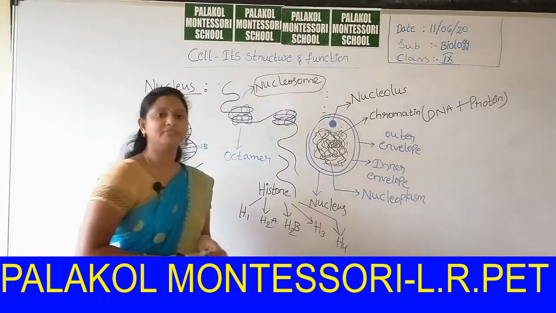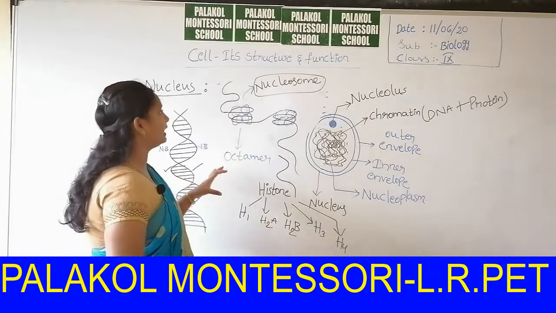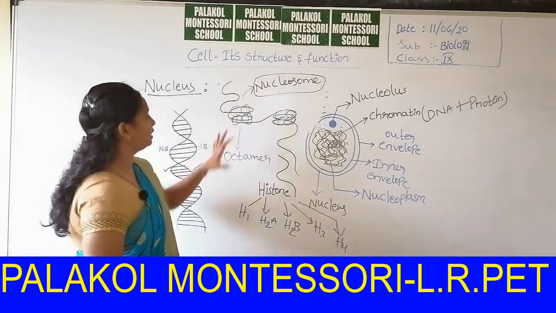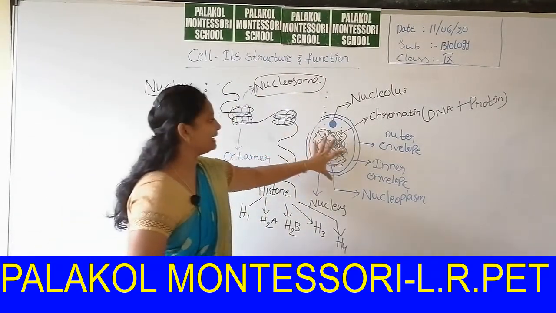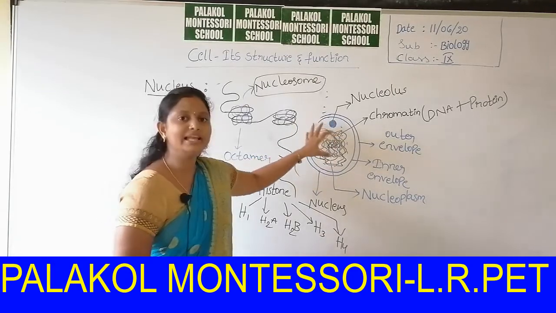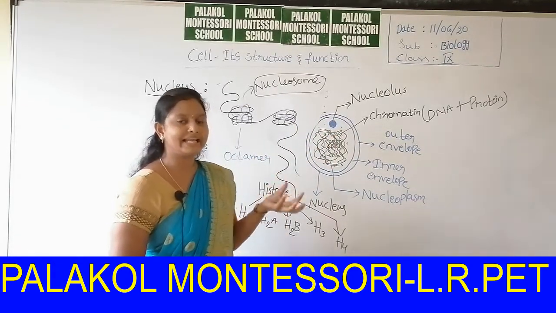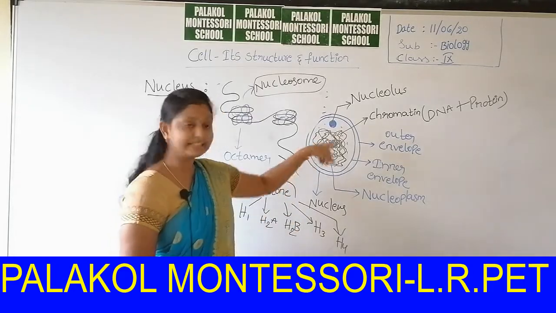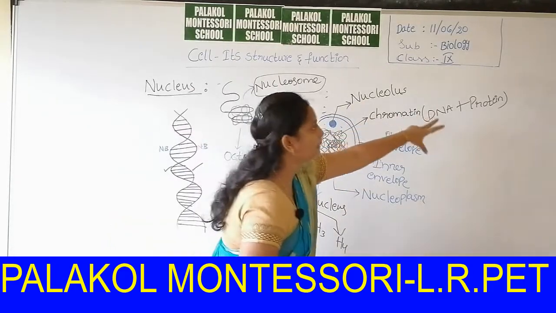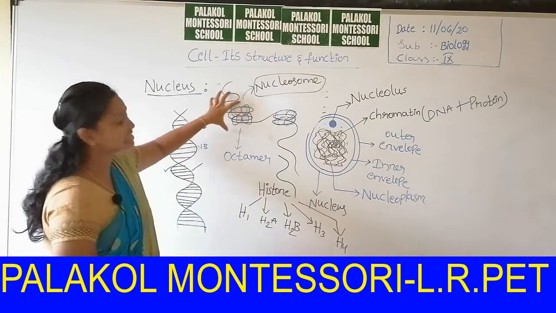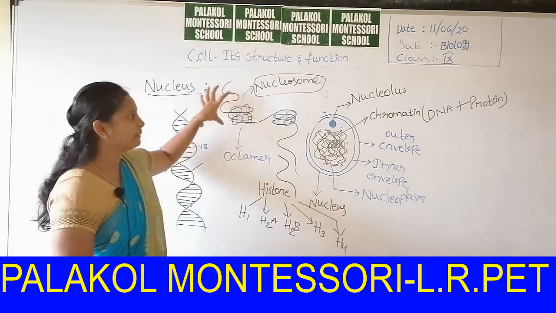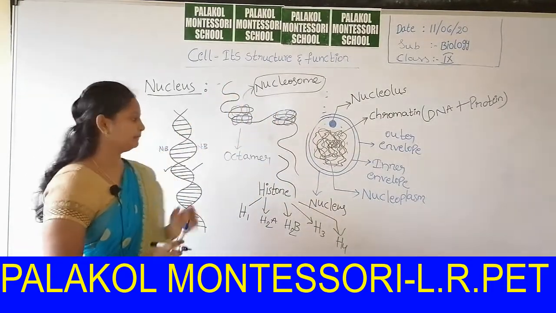Very important. It will come in your intermediate. That means chromatin usually appears like a loose thread-like structure, but at the microscopic level, inside the chromatin, DNA and proteins are arranged in this manner. Okay, this is about chromatin.